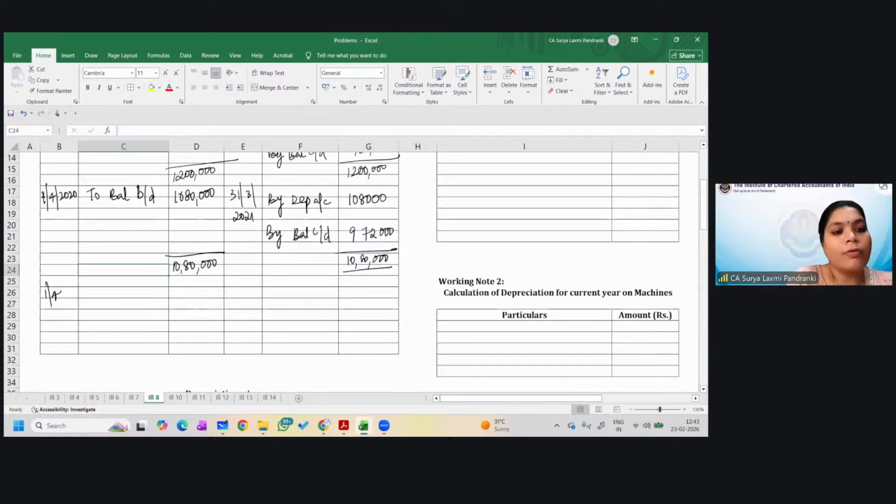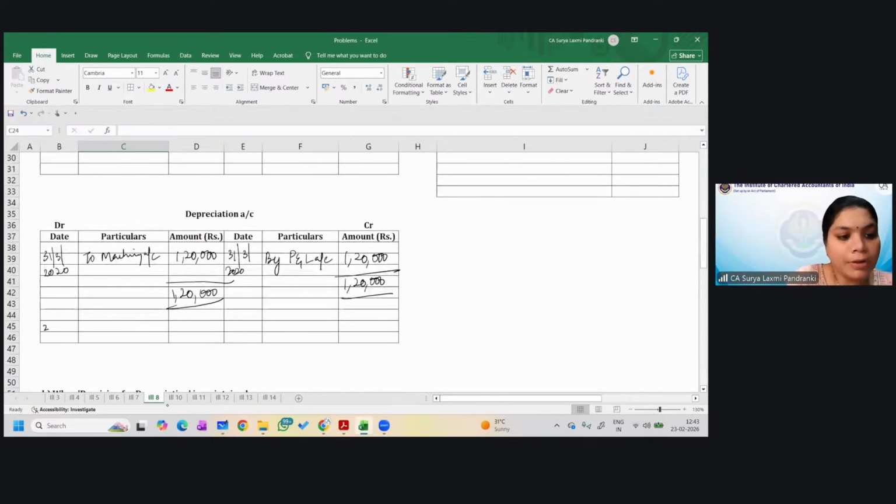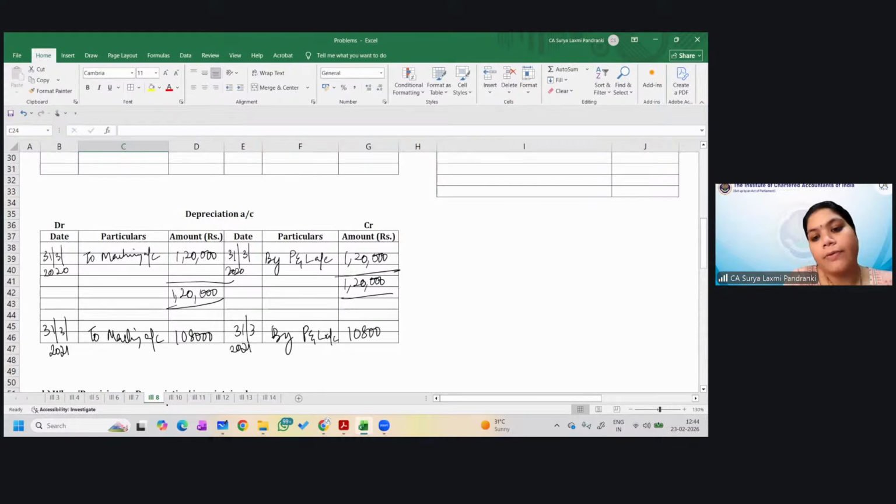So on 1/4/2021, balance brought down will be 9,72,000. Also finish the depreciation account. 31st March 2021 to machinery account 1,08,000. 31st March 2021 by P&L account 1,08,000.